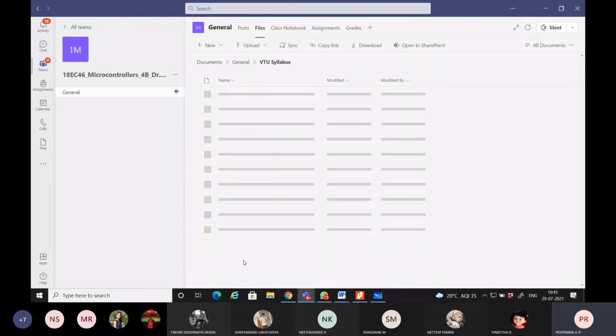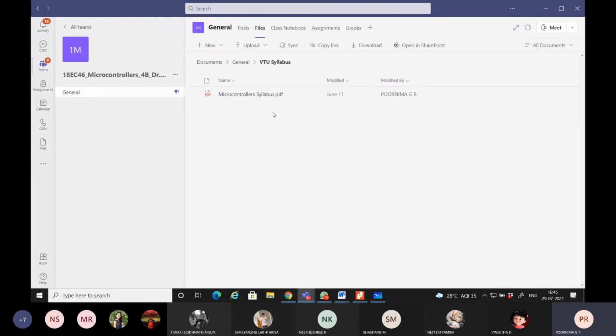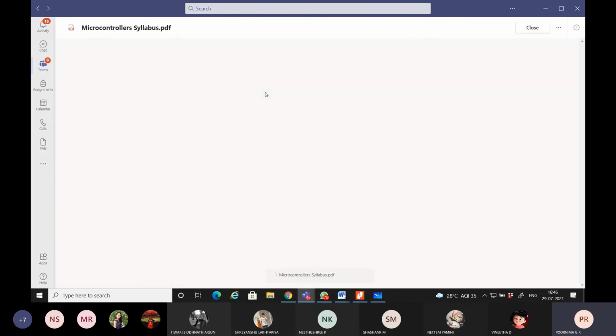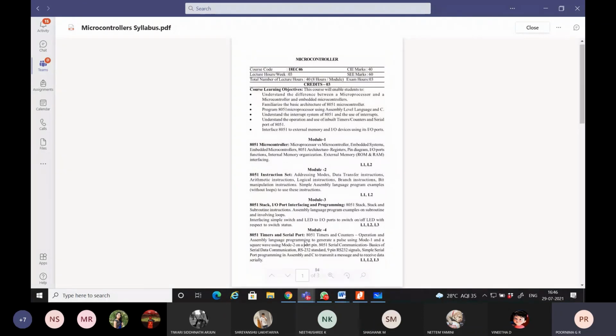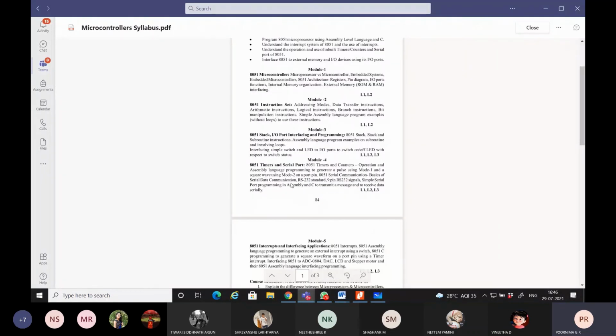So we use the syllabus. You can see here module 4 is almost completed, everything except C programming, which is the one pending topic.